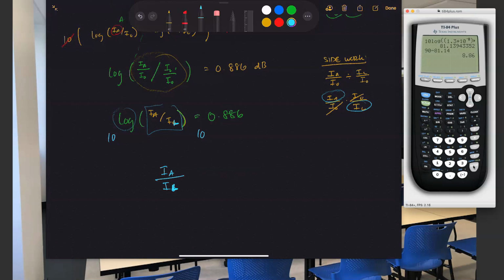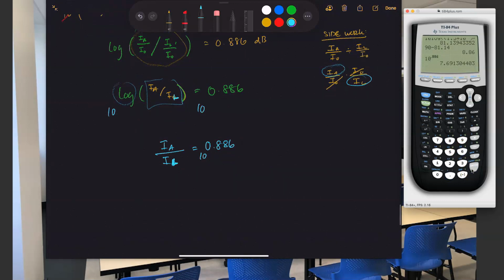Okay, so continuing on, this equals 0.886 as a power of 10. So we come in here, 10 to the 0.886, 7.69. So RE's intensity compared to the intensity of the lawnmower is 7.69.